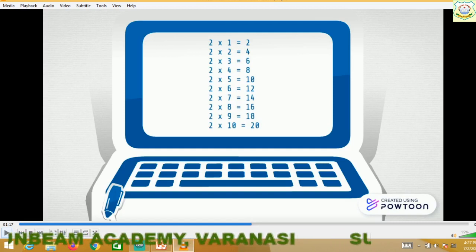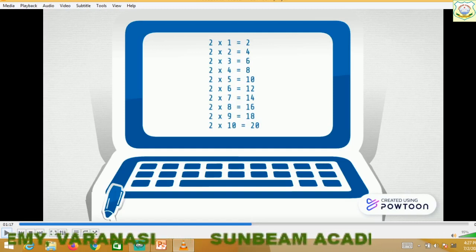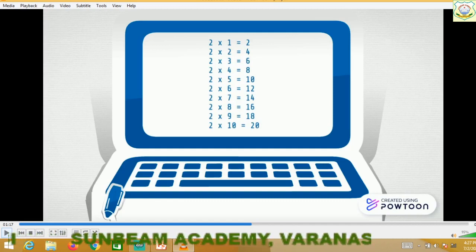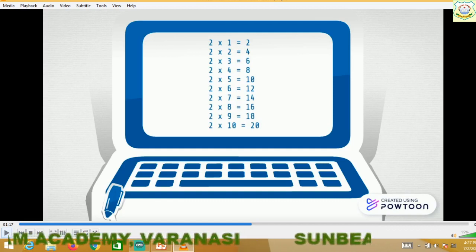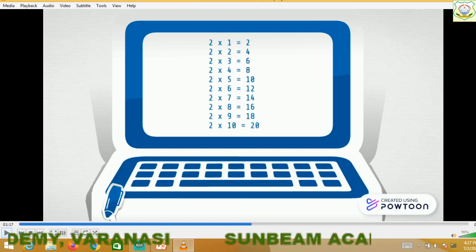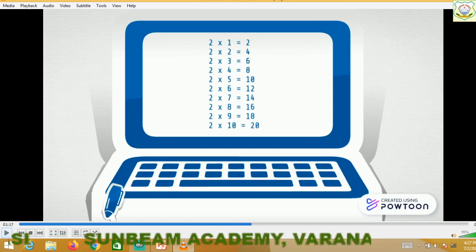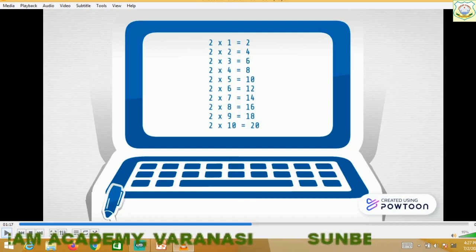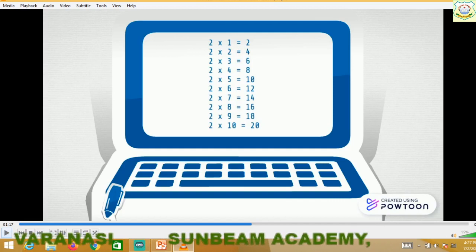2 ones are 2, 2 twos are 4, 2 threes are 6, 2 fours are 8, 2 fives are 10, 2 sixes are 12, 2 sevens are 14, 2 eights are 16, 2 nines are 18, 2 tens are 20. Now see, again it is coming.